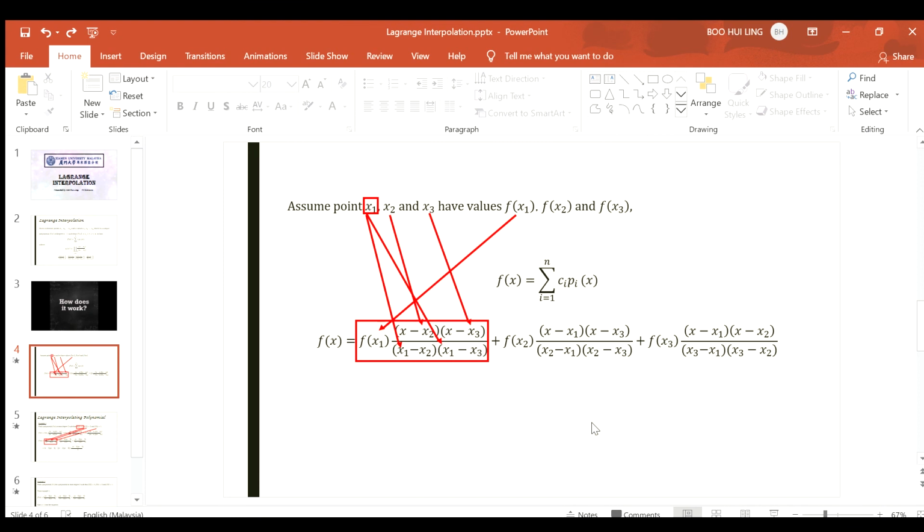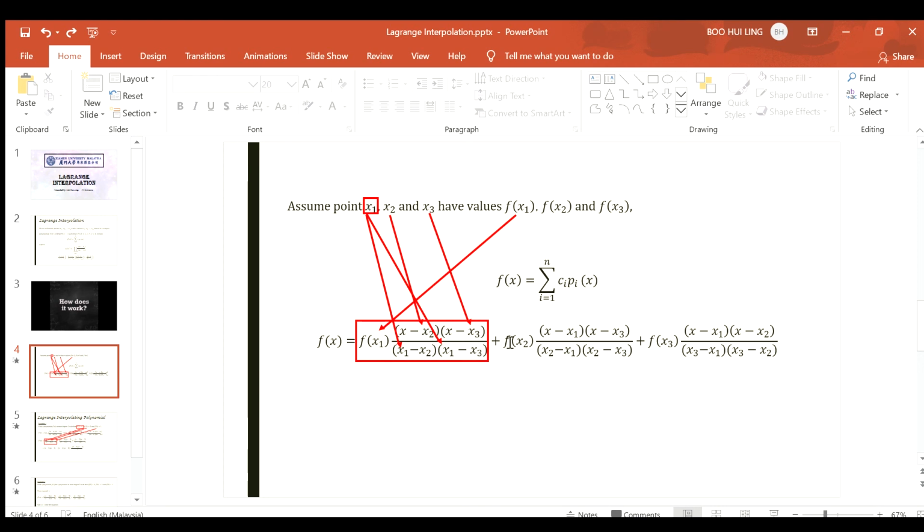We just need to assume that we take a point and substitute the value of the point that we take in front of the expression, and the upper part of the fraction is just the unknown x minus the points that we didn't take, divided by the point that we take minus the points that we didn't take. So it is also the same with the second part.